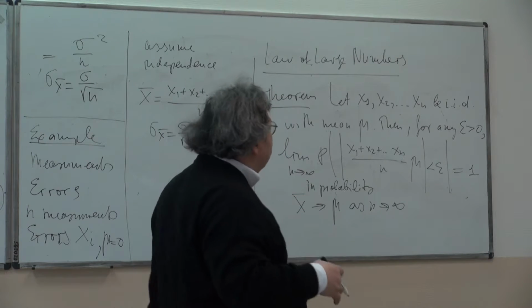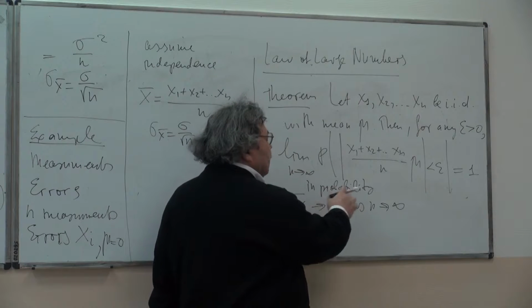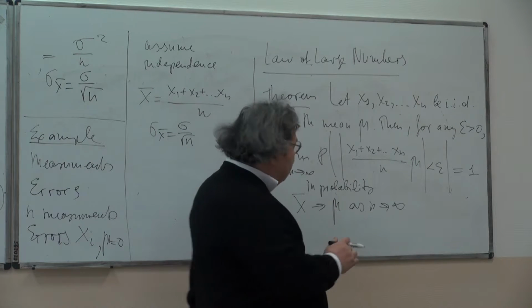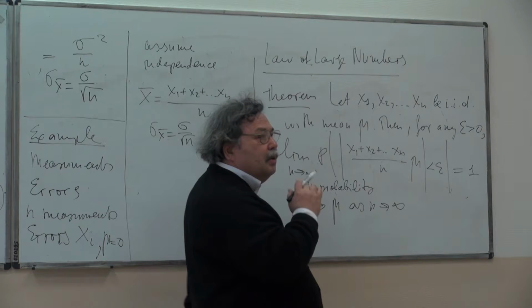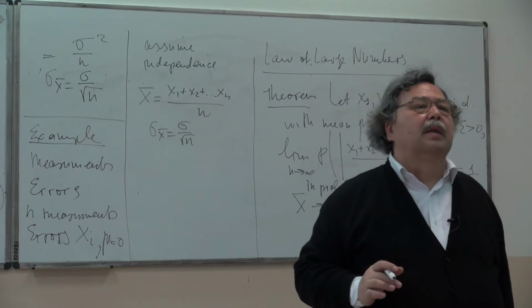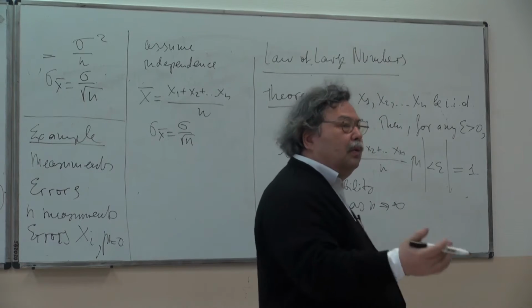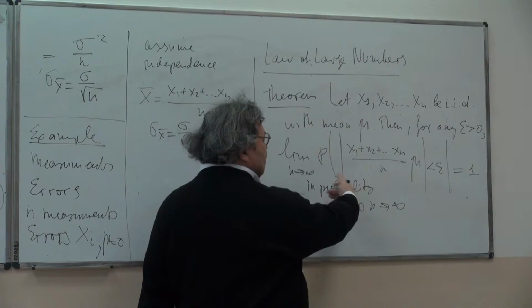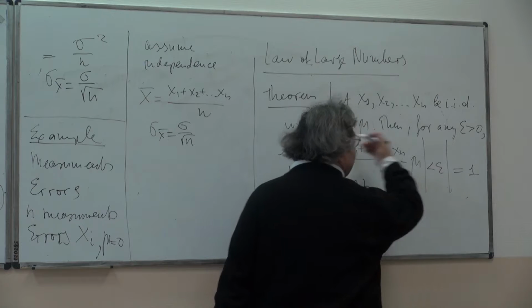And this is one of them. This is called convergence in probability. So x bar converges to mu in probability. This is the right thing to say. And in full, what we mean by this convergence in probability is written here, okay?